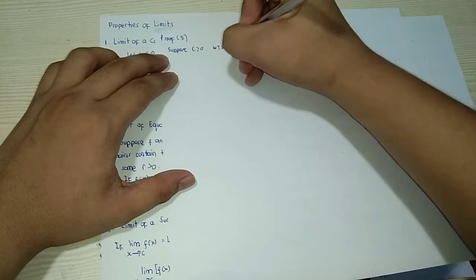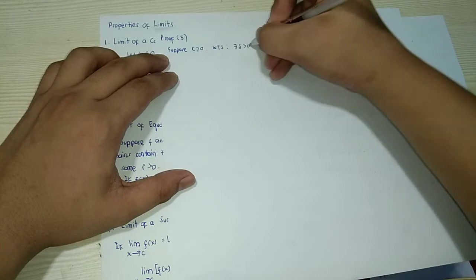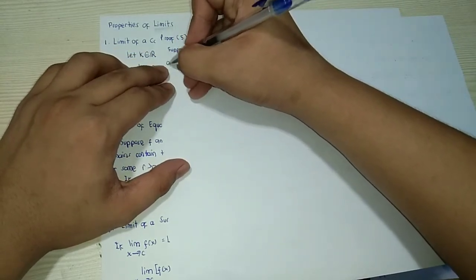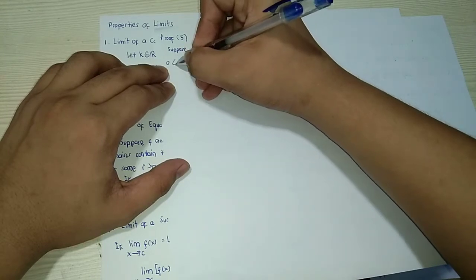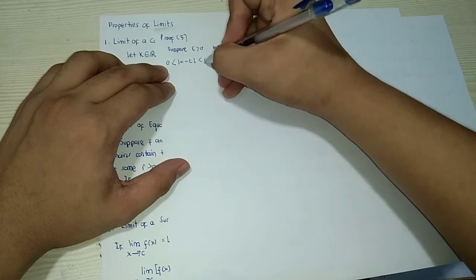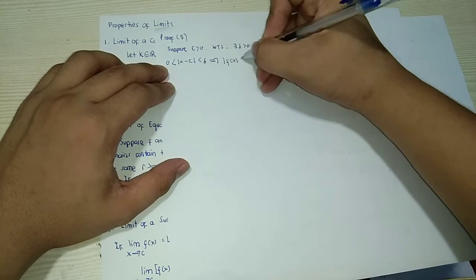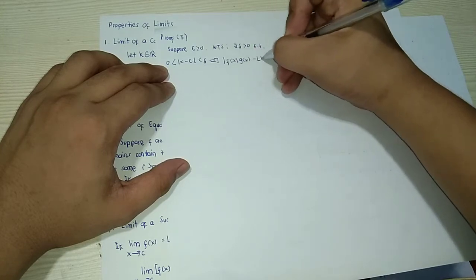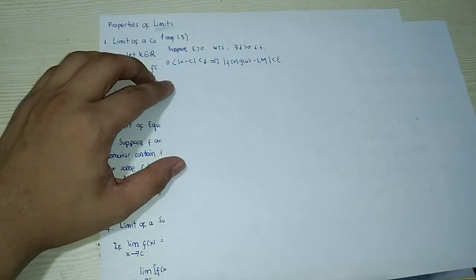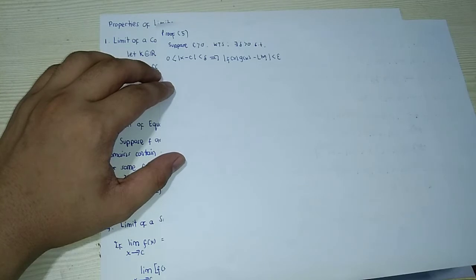So ang kailangan mapakita natin na may mag-e-exist na delta such that 0 less than absolute value of x minus c less than delta implies the absolute value of f of x, g of x minus Lm less than epsilon. So, definition ng limit yan. Okay? So, yan yung target nating ma-prove.